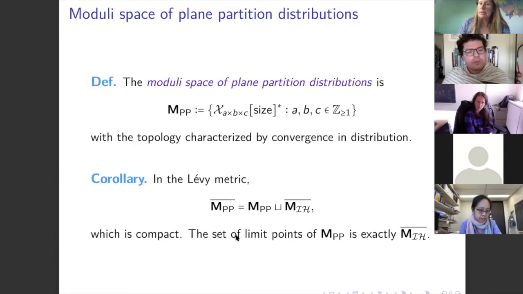And the claim is that in the Levy metric, when you take the closure of that, you have to add in the closure of the Irwin-Hall distributions. So all the Irwin-Halls plus the normal. And that's exactly the set of limit points that you get for the plane partitions. So this is just restating the theorem that I said before, but in this new moduli space language.